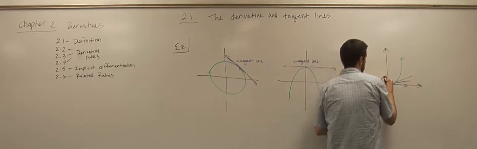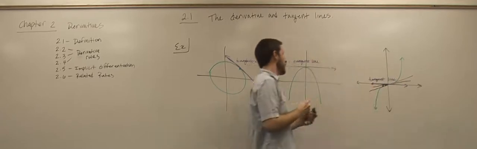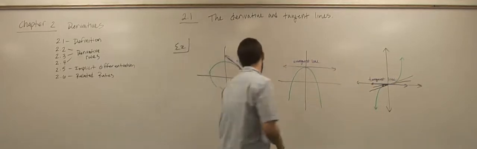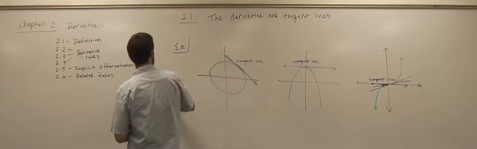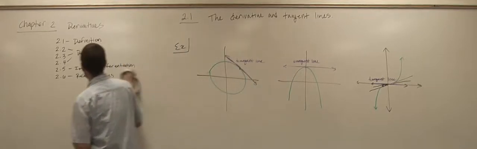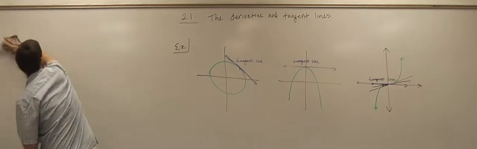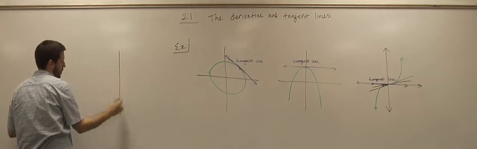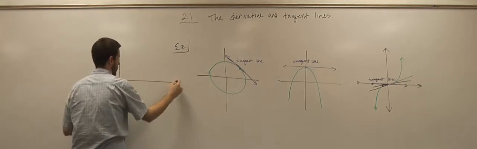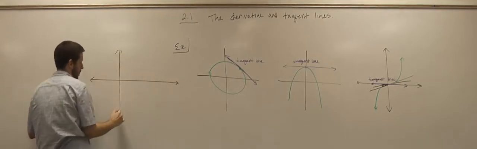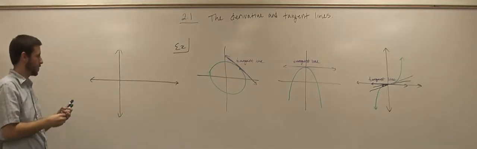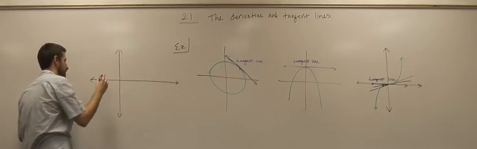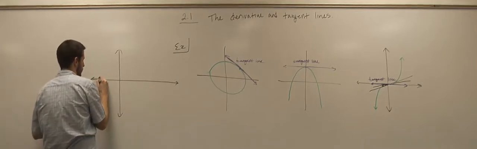It does. But going through the graph is kind of different in these cases, right? Let me give you one more example. So maybe I give you something like this guy here.